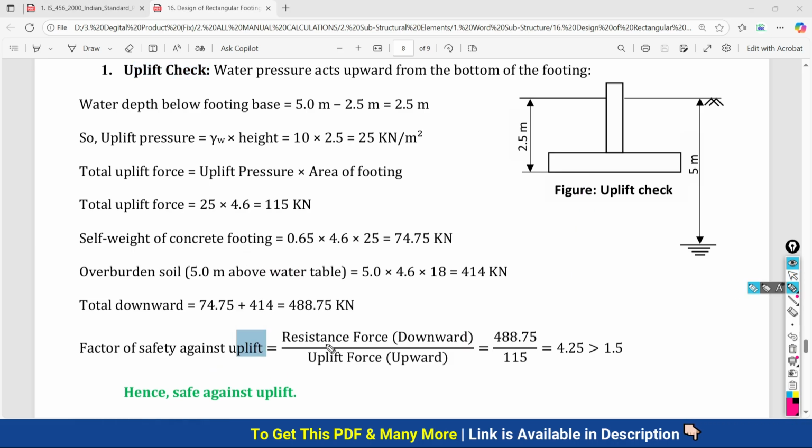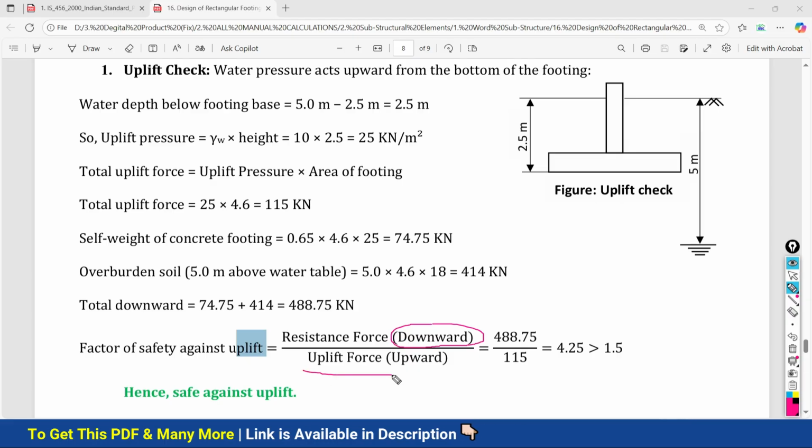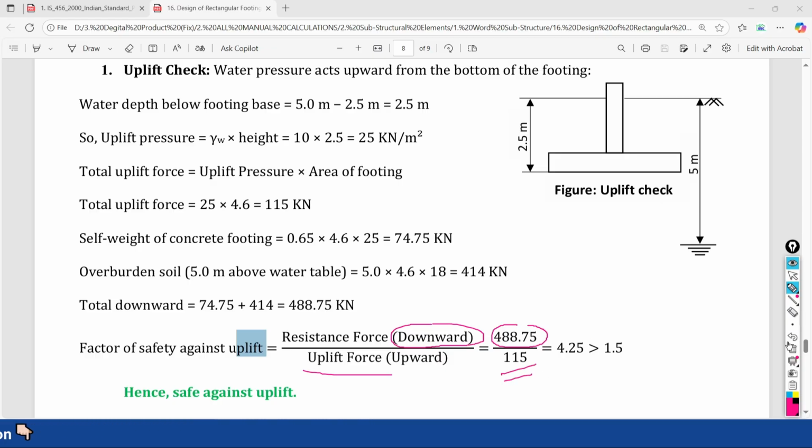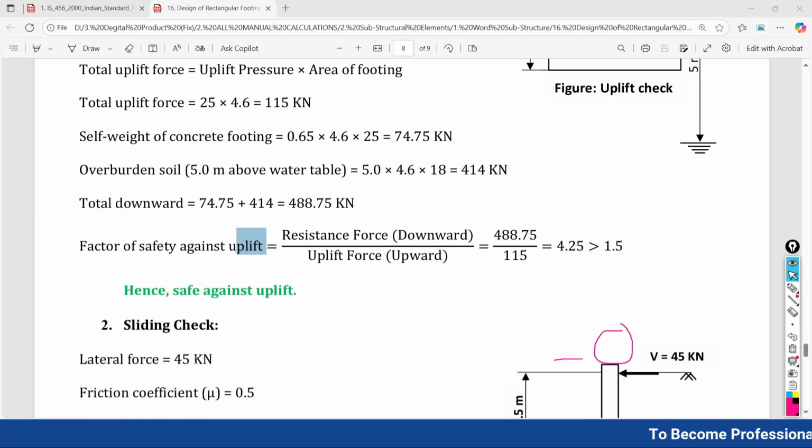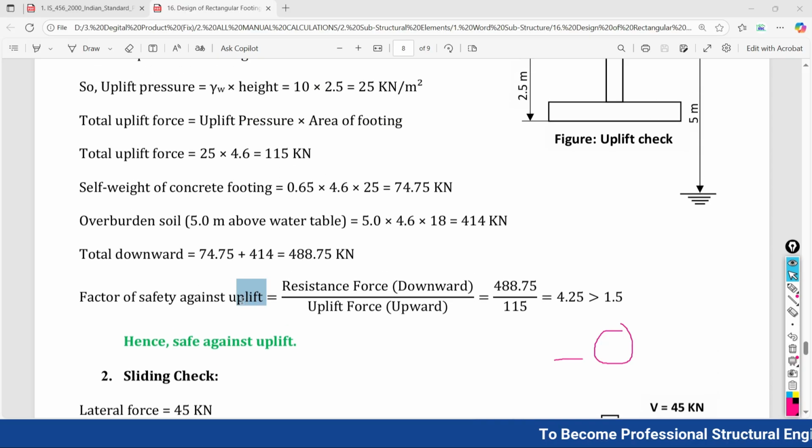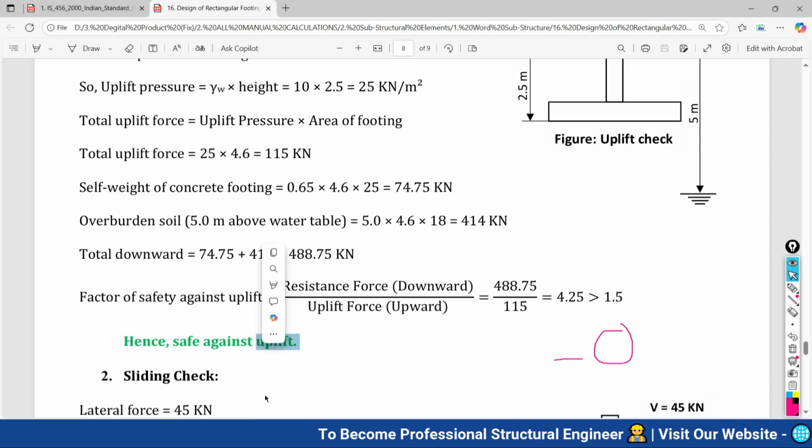So the resisting force acts in downward direction, the uplift force acts in upward direction. So downward 488.75 divided by 115. If you find this, we will get the value of 4.25, which is greater than 1.5. Hence we can say that our design is safe against uplift. So this is our first check.